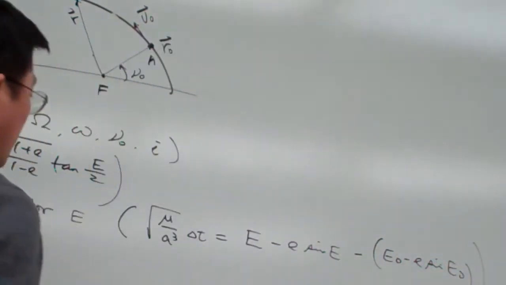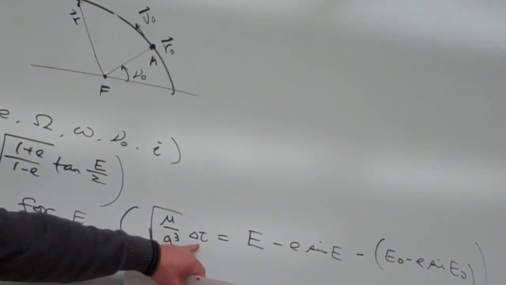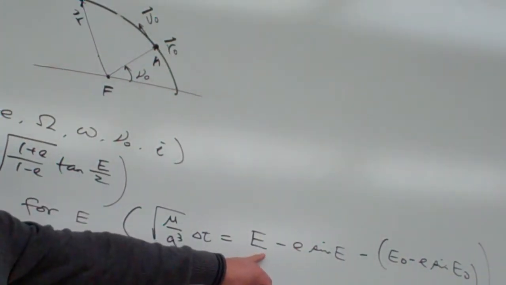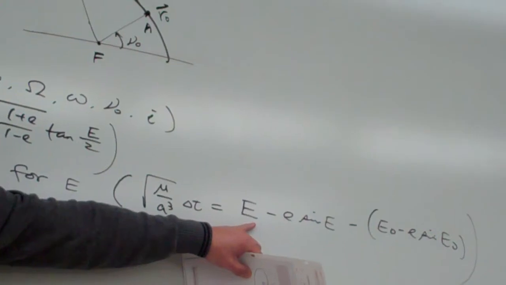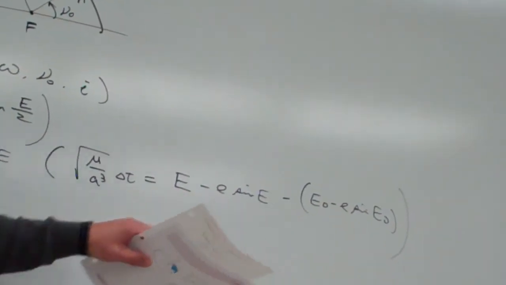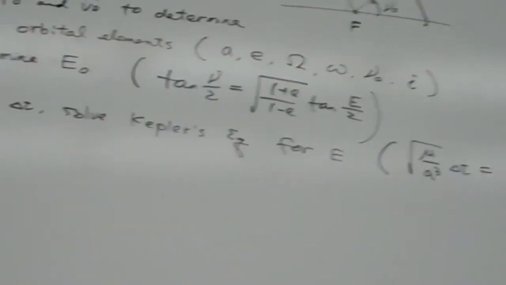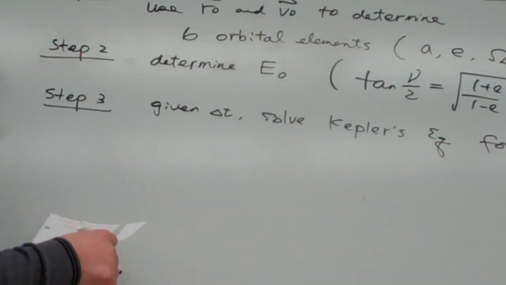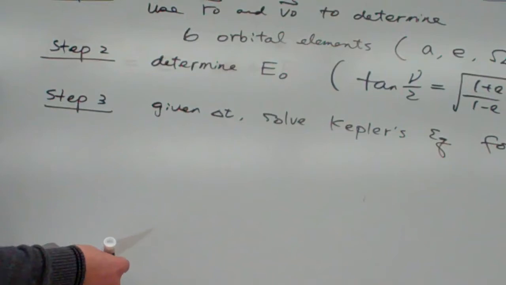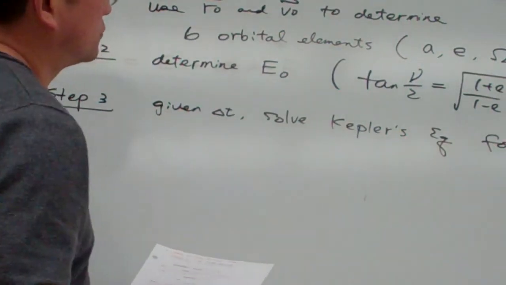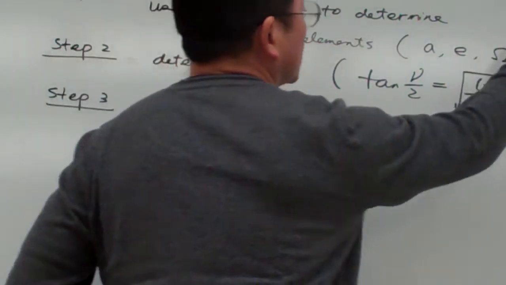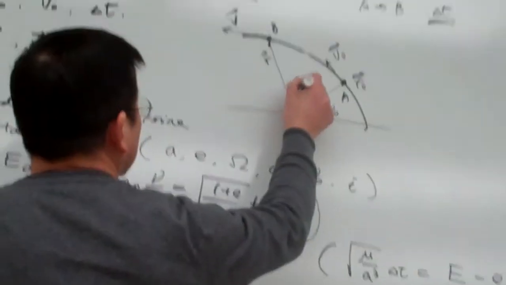Using these equations, we are given delta t, and you use a numerical approach to iterate to determine the value of E. Once we have done that, this E is determined.